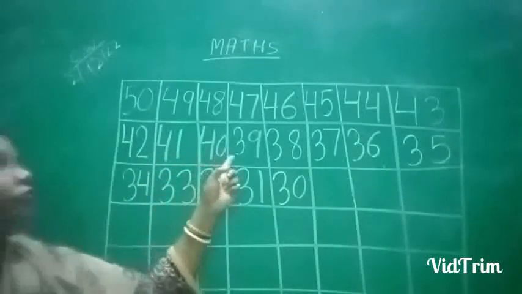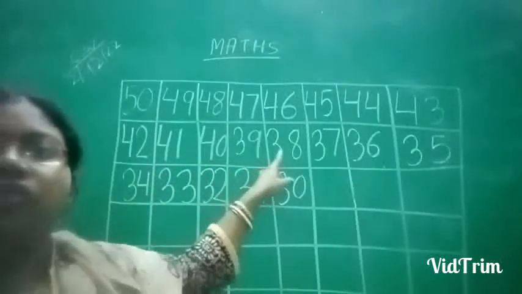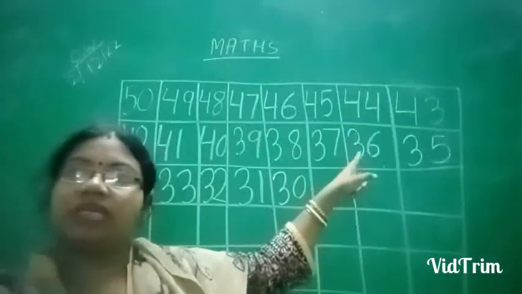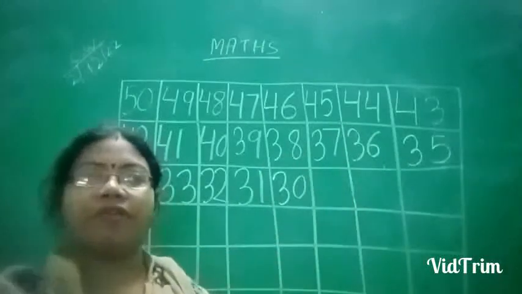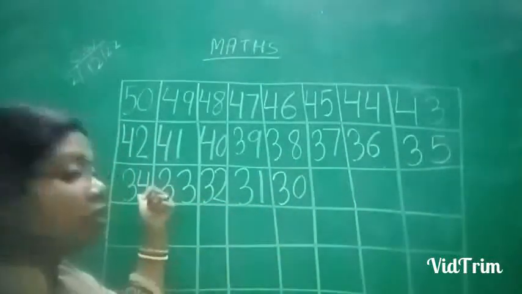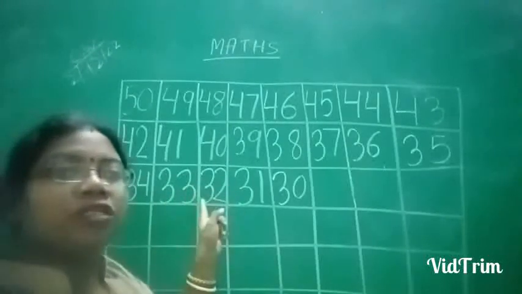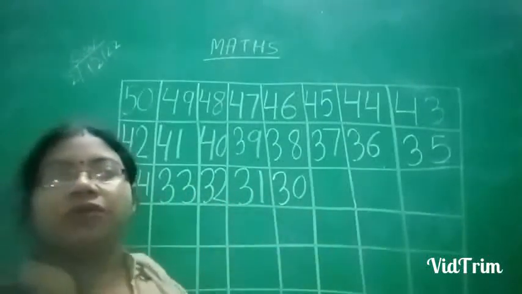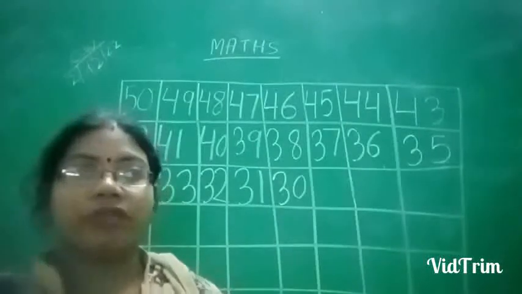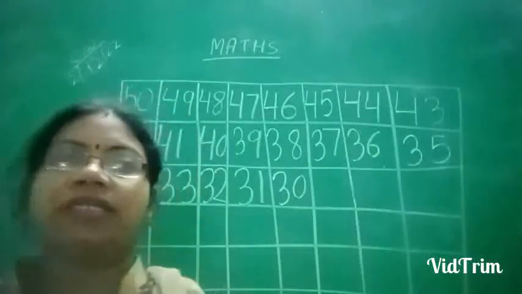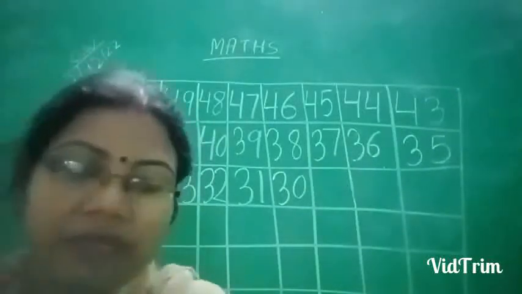After 40, 39, 38, 37, 36, 35. After 35, 34, 33, 32, 31, 30. This is backward counting. Okay, so we will practice, revise, then we definitely learn.